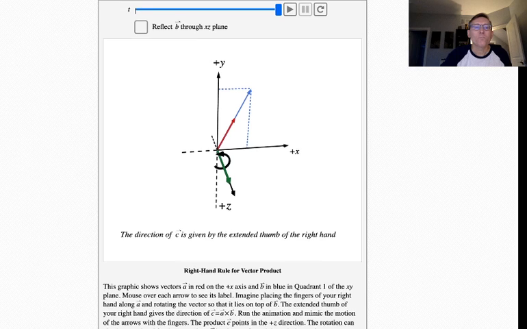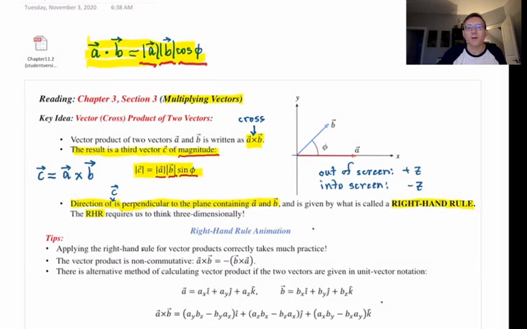Okay? All right. So, back to this picture. In my drawing on the slide, the direction of C, A cross B, since my slide is clearly only showing X and Y, purely two-dimensional, remember, plus C is out of the screen, so vector C in my picture here would be directly out of the screen.